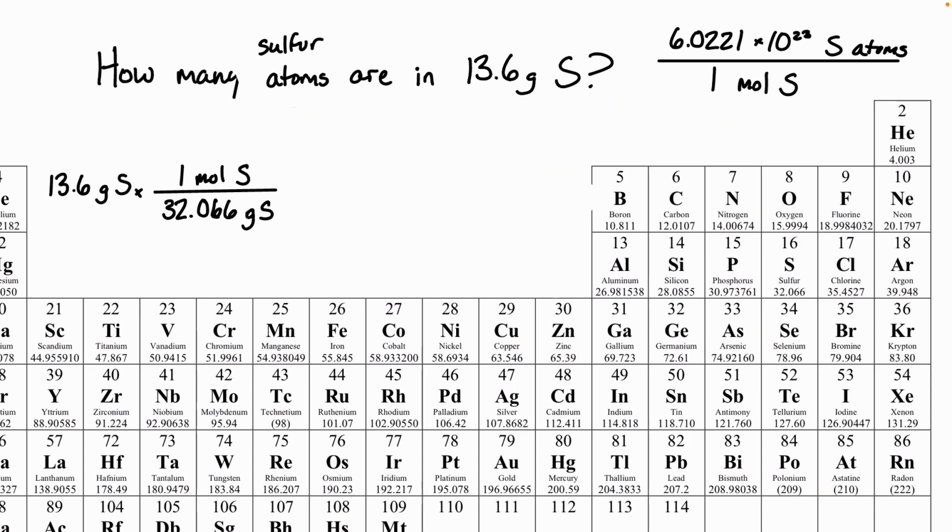All right, so we can talk in terms of how many moles of sulfur we have, or we can make one more jump using Avogadro's number to talk in terms of specific sulfur atoms. All right, so now I would just take my Avogadro's number, paying close attention to my units. I'm going to put moles on the bottom, which means that that 6.0221 times 10 to the 23 goes on top, right? Sulfur atoms.